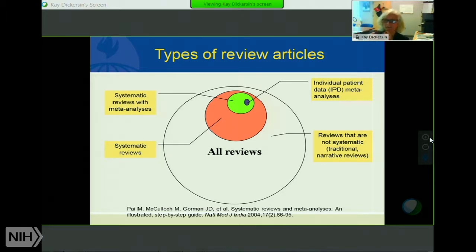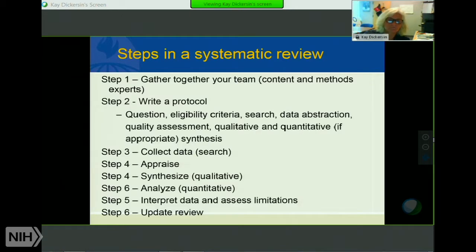It could be just the choice of individual studies that you've made, and it may not represent all studies asking a similar question. And so all meta-analyses need to be part of a systematic review. But systematic reviews may not include a meta-analysis if, for example, the systematic reviewers haven't found enough studies that are similar enough to merit a meta-analysis, or outcomes that are similar enough. And we'll touch on that a little later.